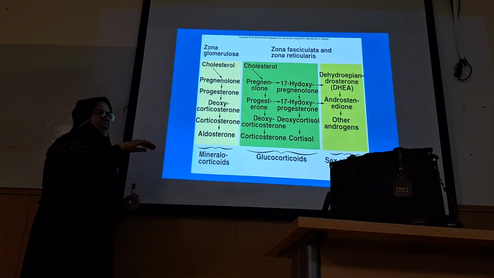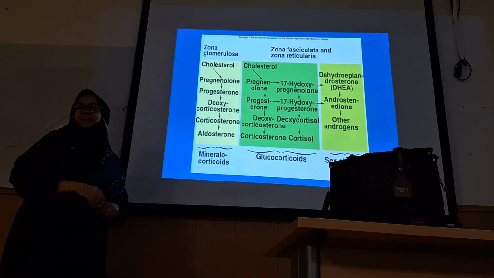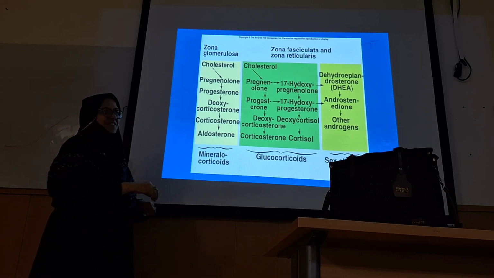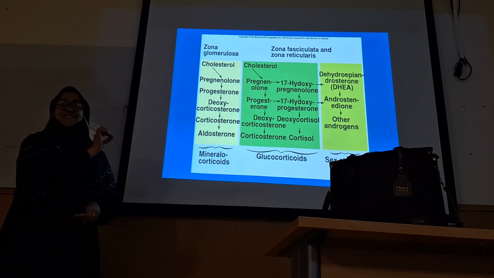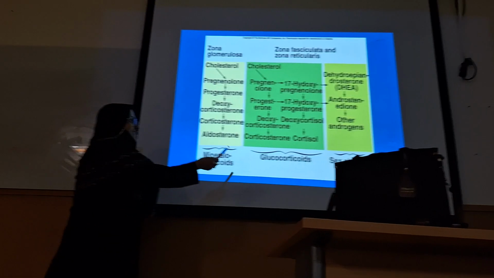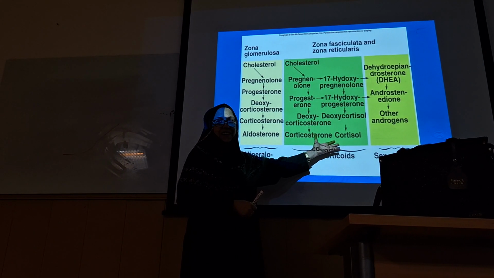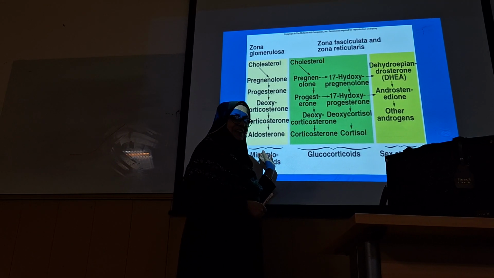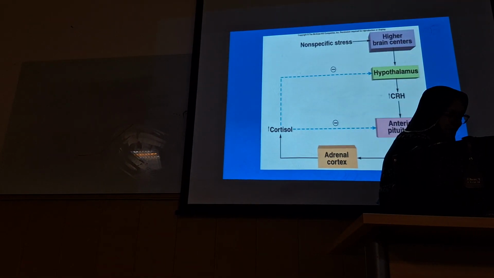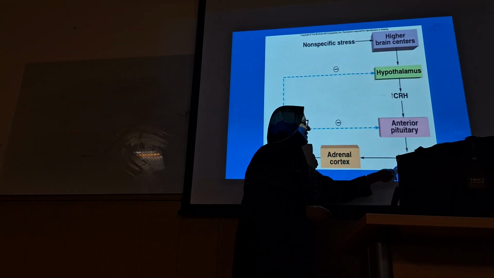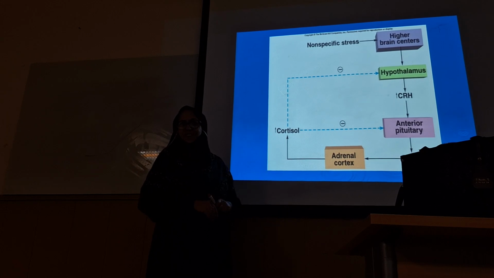Because ACTH has a low level of receptors on the zona glomerulosa, therefore ACTH is a weak activator for release of aldosterone. ACTH has receptors on the zona fasciculata, not the zona glomerulosa. In this slide you see ACTH effect on the release of cortisol, not release of aldosterone.